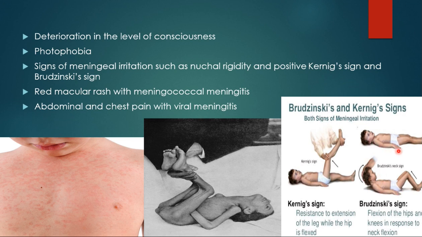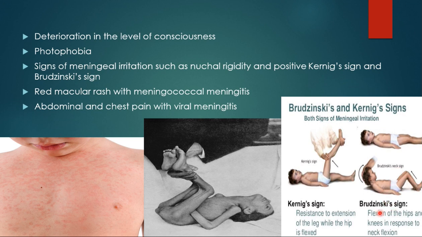Here you can see the patient is in a supine position. What do you have to do? Gently flex the neck, bringing the chin to the chest. With that, what will happen? The positive sign is involuntary flexing of the hips and the knees.